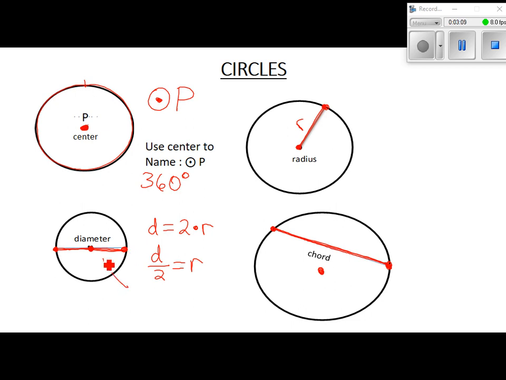It just happens that the diameter is the longest chord. The diameter is always the longest possible chord in a circle. But a chord could be anything. It could go from here to there. It's just a segment whose endpoints are on the edge of the circle. So that's a chord.